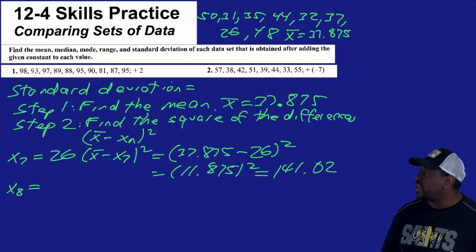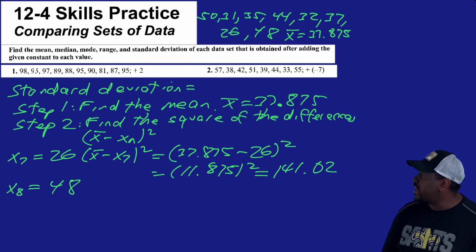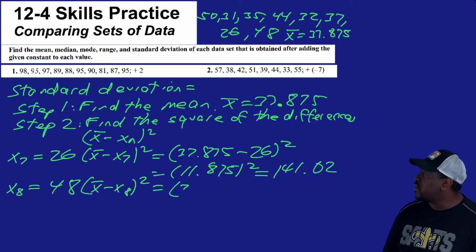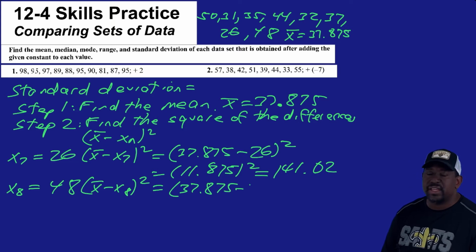We have one more data point left, X8. Again, we're going to subtract the 8th data point from the mean and square that. That'll give us 37.875 minus 48 squared.